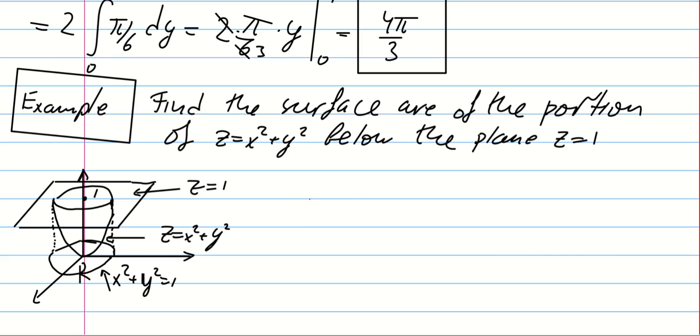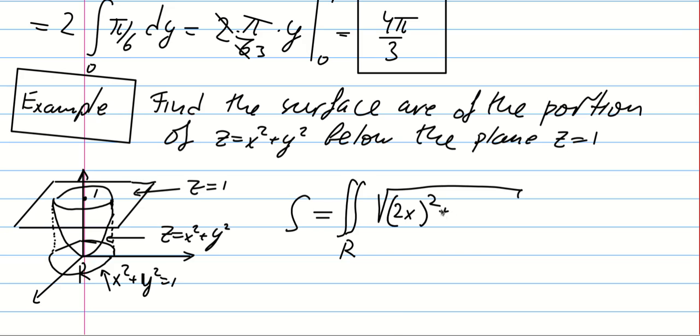Alright, so according to the rule that we derived before, the surface area is the double integral over the region of the square root, and here we put the partial derivatives: the partial derivative with respect to x, which is 2x, squared, plus the partial derivative with respect to y, which is 2y, squared, plus 1, and we have dA.